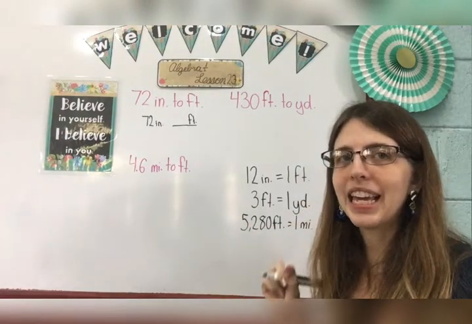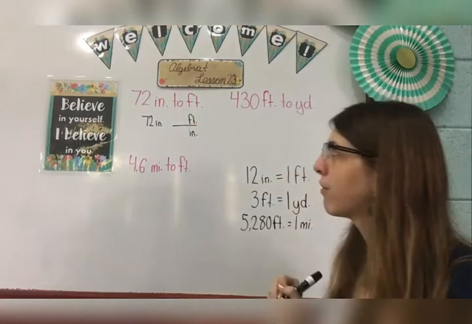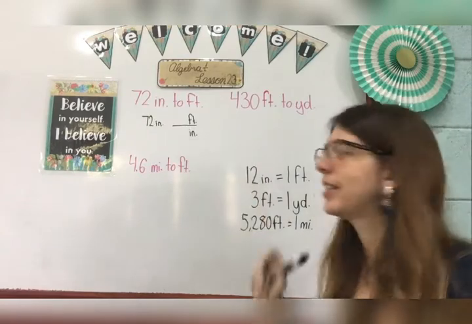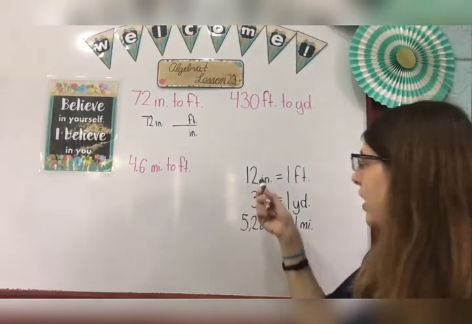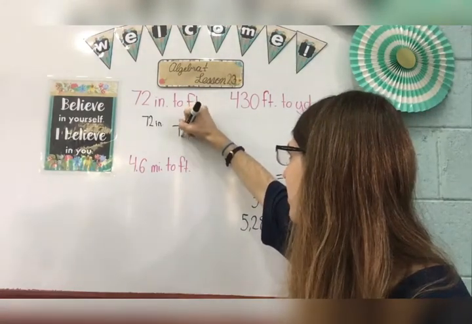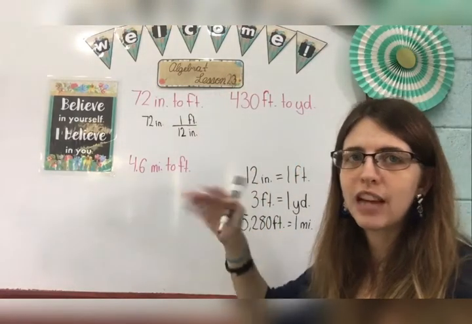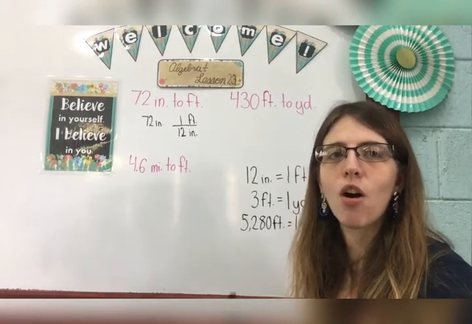Then I put my inches on the bottom because that is what I am converting from. So I'm going to feet from inches. Now I write my unit multiplier, how they are related. Well, I know there's 12 inches in a foot. So 12 goes with my inches, 1 goes with my foot. Don't just put 12 on the top and 1 on the bottom. Make sure your number matches the unit in the way that they are related.